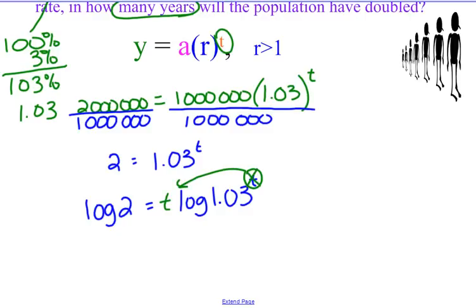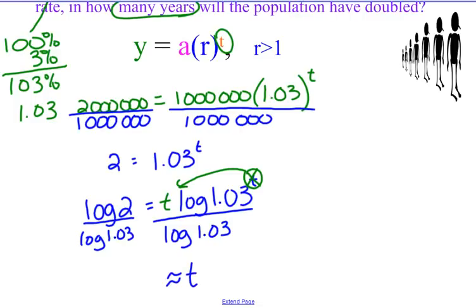Now, to get t by itself, I just have to divide by the log of 1.03, and I'm going to have my t. And I'm going to put approximately because I know I'm going to have to round.